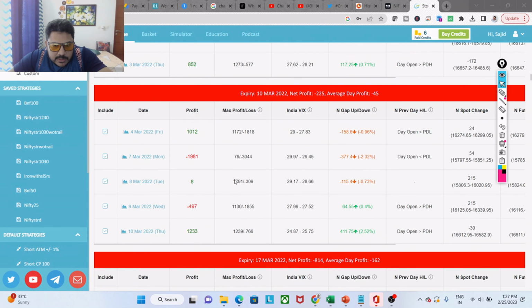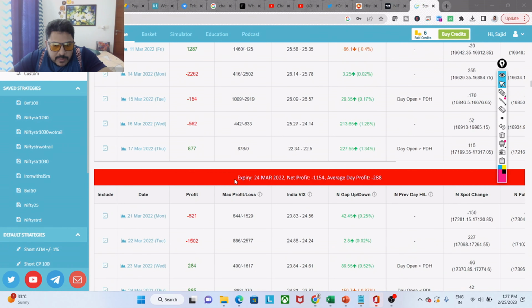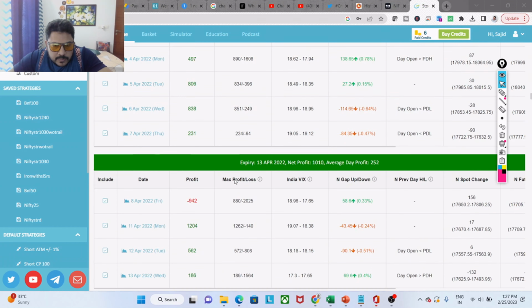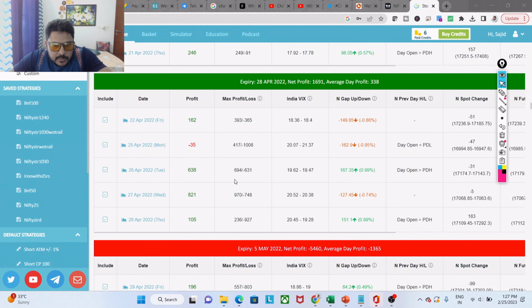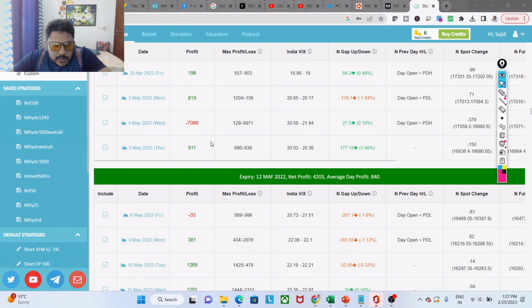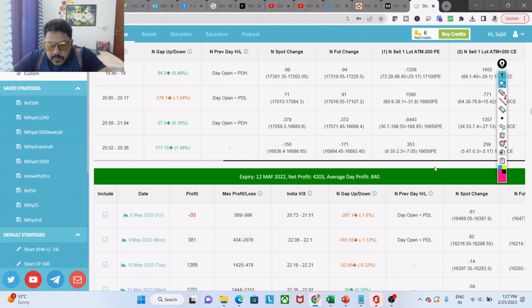So let's check the days where it has given the maximum loss. This is the day of 7,000 rupees where you sold at about 30 and it closed at about 199. It's a huge jump.